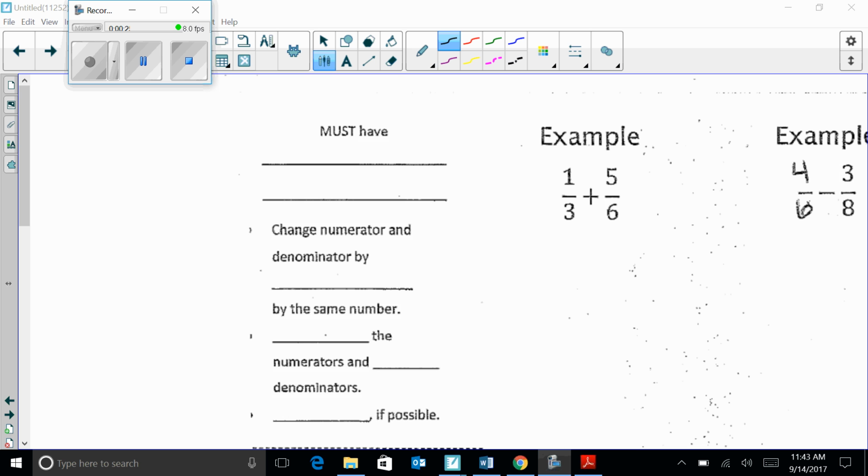In order to solve unlike fractions, you must have a common denominator. Okay, so that means that this 3 and this 6 must turn into the same number.